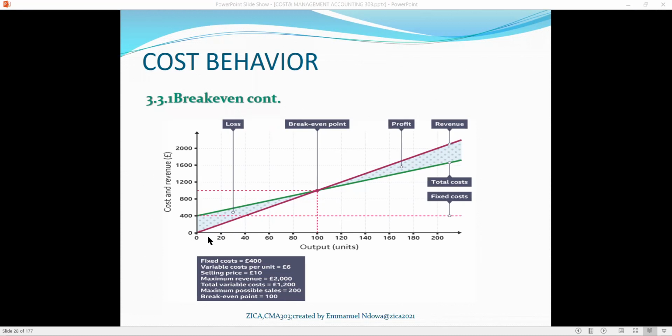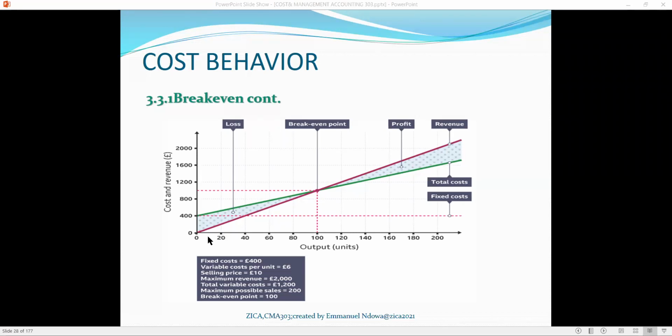Okay, Lennon. What we are saying is, the more the revenue, the lesser the cost. Basically, when you have a higher level of production, you can see that the fixed costs are not changing.